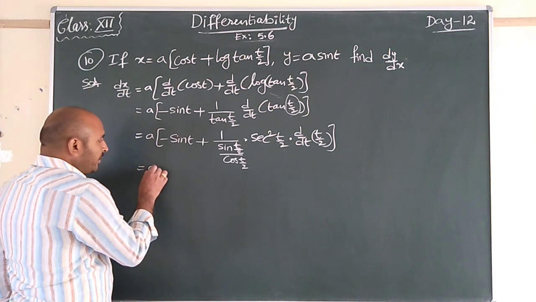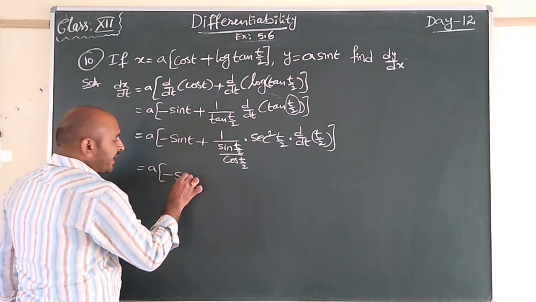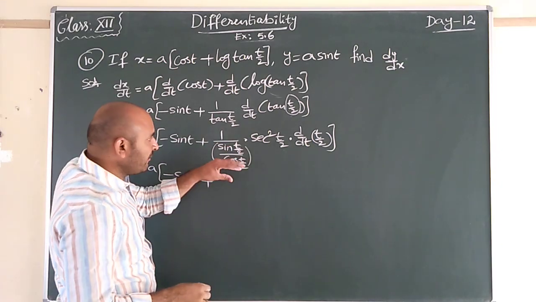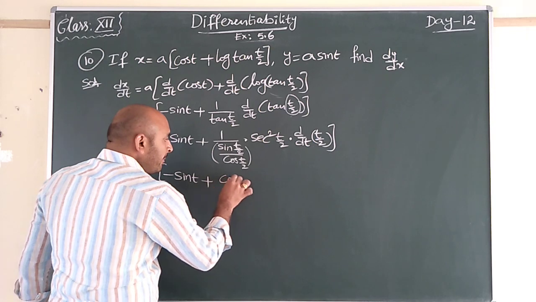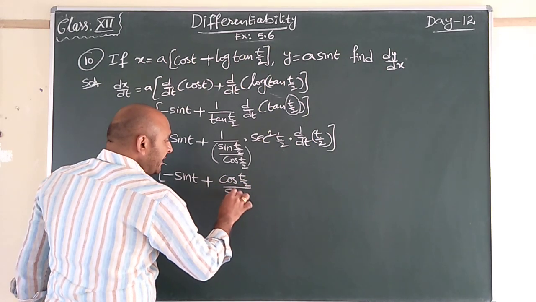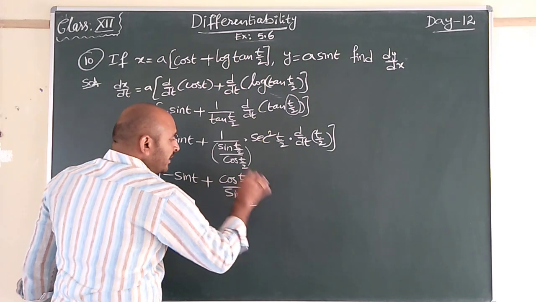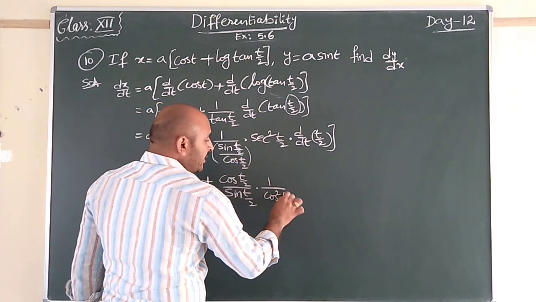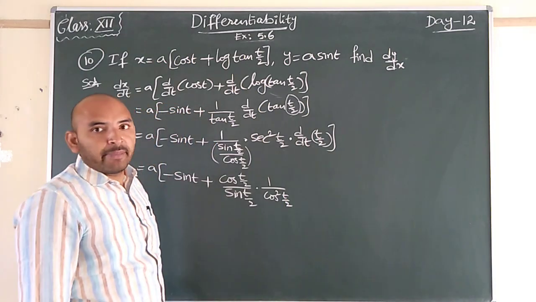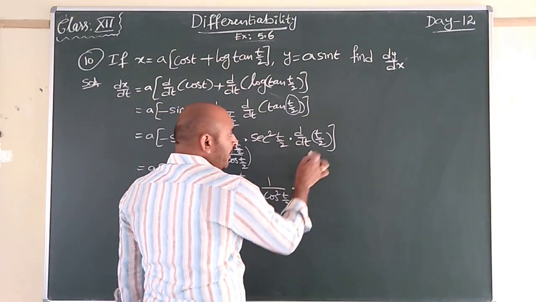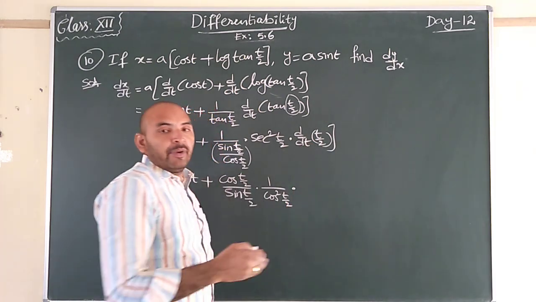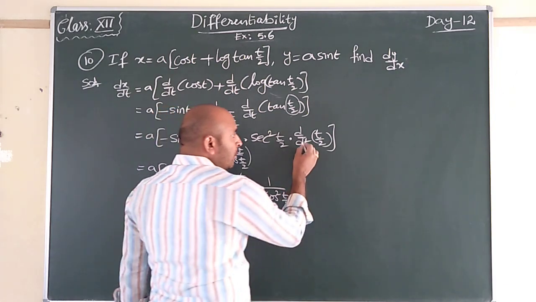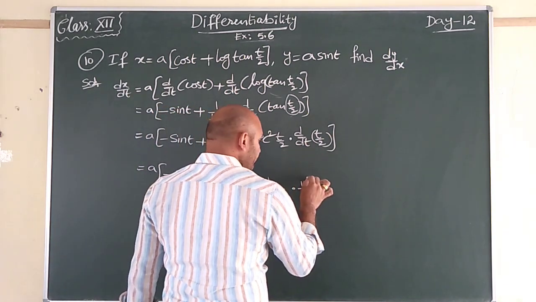So it is equal to a into minus sin t plus, the fraction will be reversed, cos t by 2 by sin t by 2 into secant square t by 2. How can we write it? 1 divided by cos square t by 2, since secant theta is 1 by cos theta, into the derivative of t by 2, which is 1 by 2. So write 1 by 2.